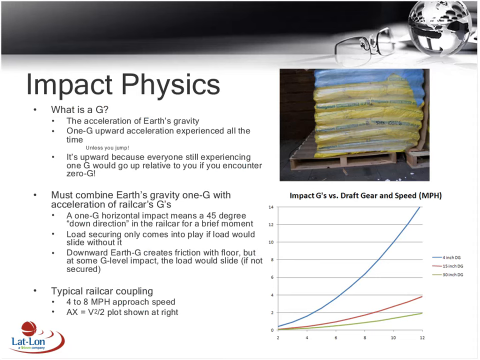All right, so 1G is the acceleration that is caused by Earth's gravity. When you think about a load in a rail car, it's being pulled downward by the acceleration of Earth's gravity. So if that car has an acceleration along the track, that is added to the gravity of the Earth to create a direction of acceleration that the payload would see that isn't straight down anymore.